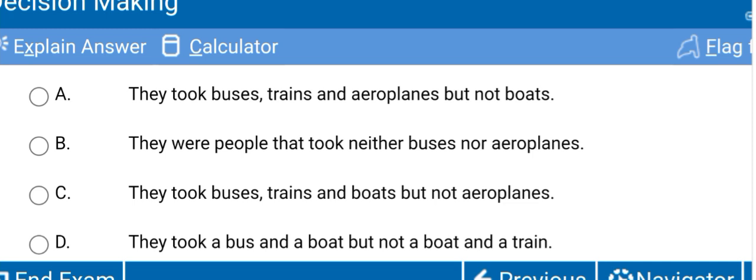Then we have option C, they took buses, trains and boats but not aeroplanes. And then we have option D, they took a bus and a boat but not a boat and a train. So let's see which option is the correct option.